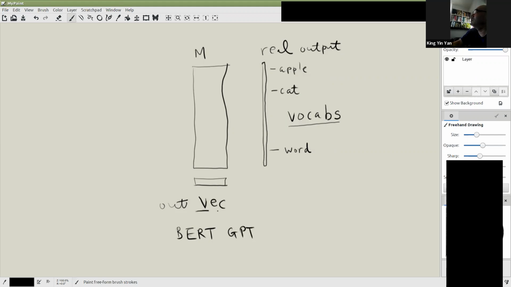So when you have the output vector, it's just a condensed vector, but for the final output you need to multiply by a matrix, and it gives you the probability distribution over all the words. For example, if you predict the next word to be cat, sometimes dog is also okay as another output, but the probability may be slightly less.